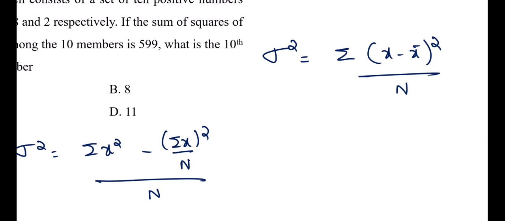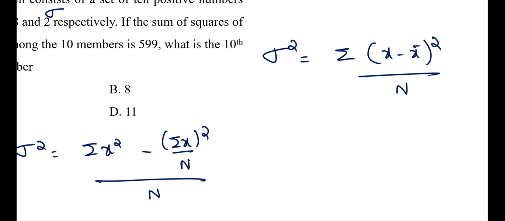Now, standard deviation is 2. X bar, and very important here, mean is given, x bar is 8, means sum of x is 8 into 10. Why 8 into 10? Sum is mean into number of terms.